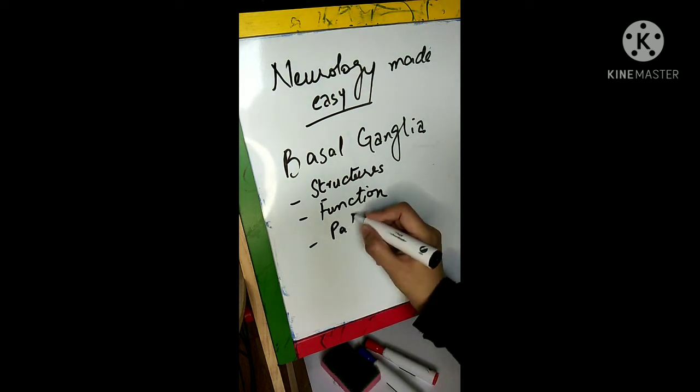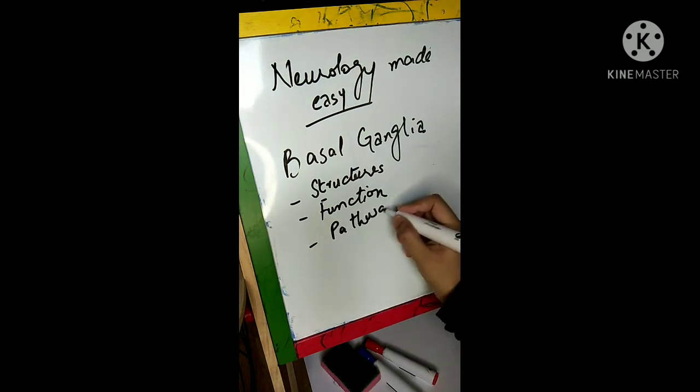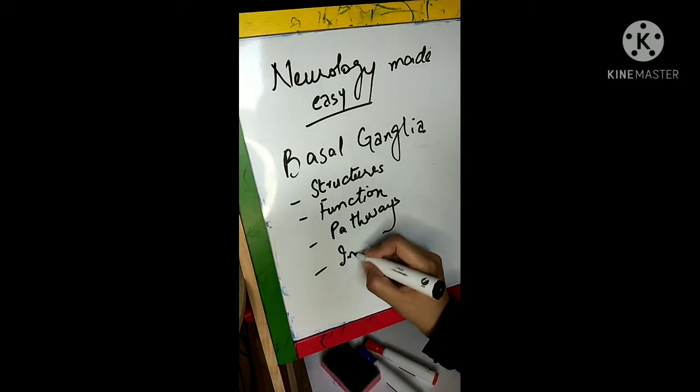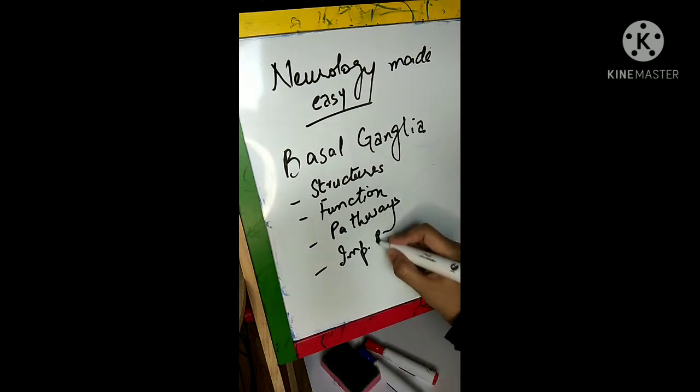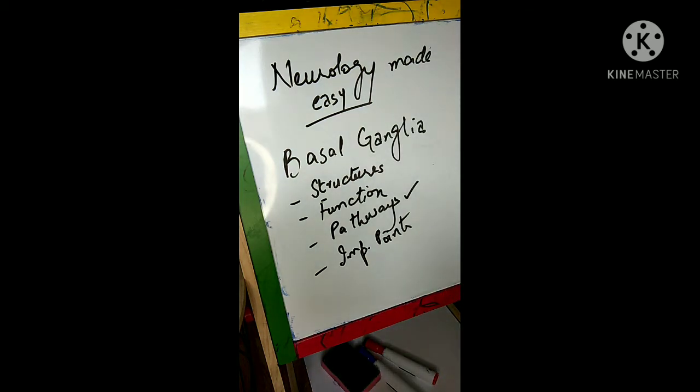Next, we will discuss the pathways, direct, indirect, and nigrostriatal pathways, and I will also tell you some mnemonics so that you can remember these. In the last, I will tell you some important points that are clinically important. So, let's begin.